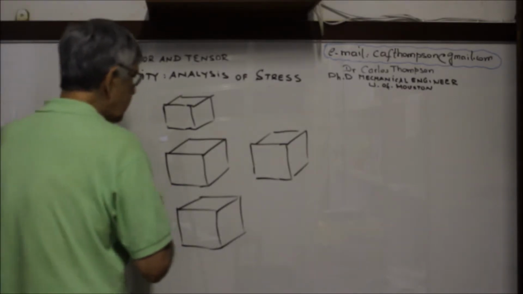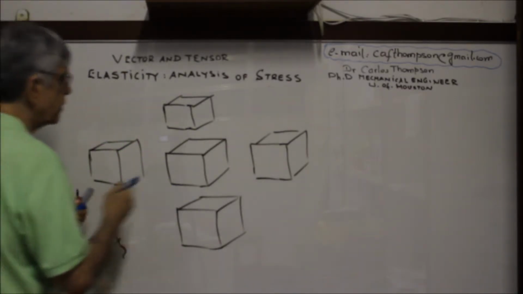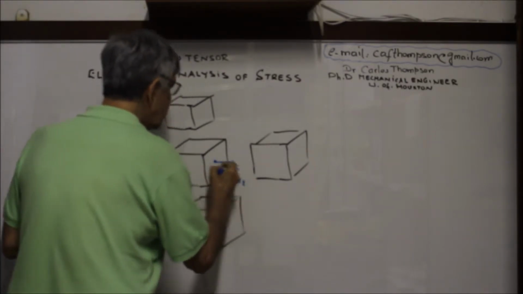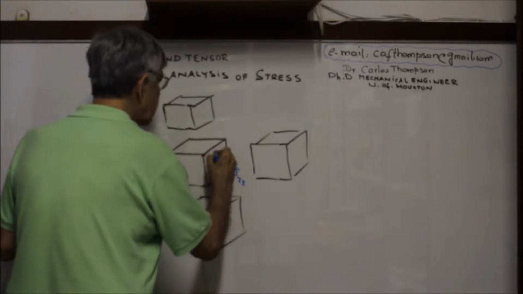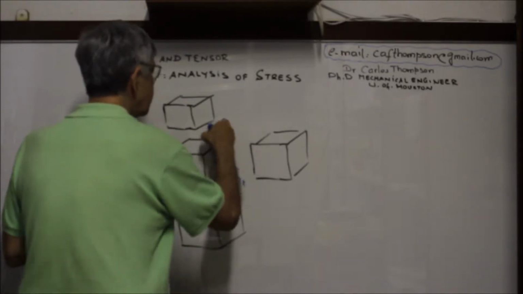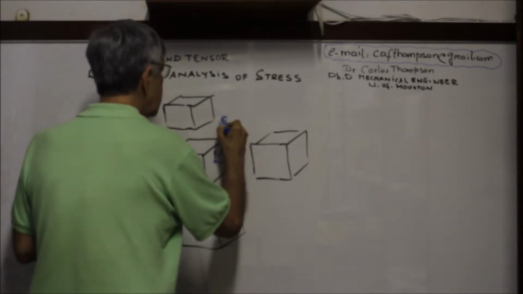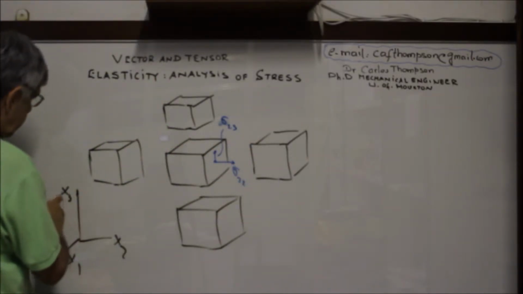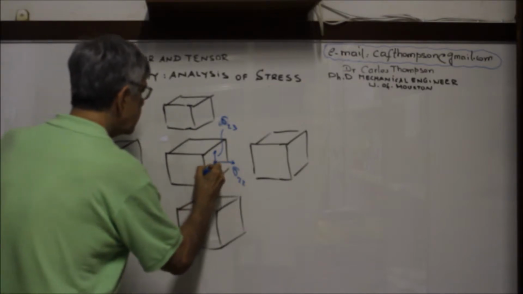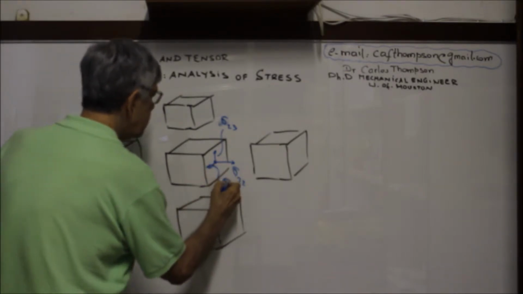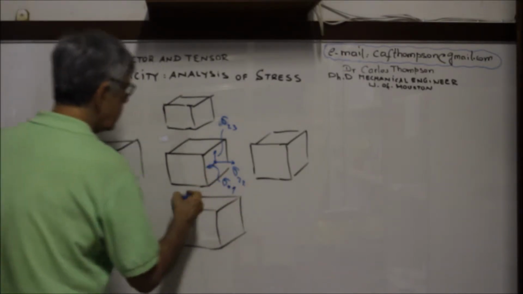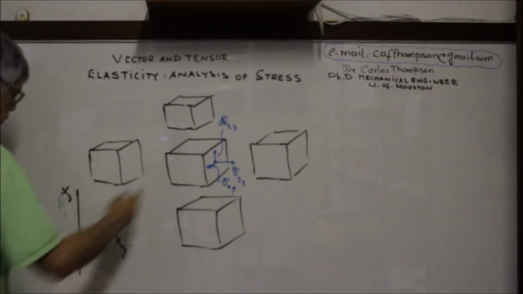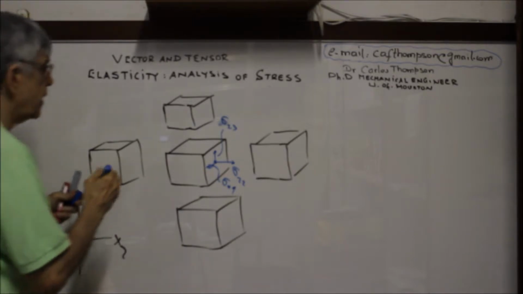Now, for instance, this x2 direction, here we have sigma 2,3, because it's parallel to 3 over here, okay? And this will be sigma 2,1, because this vector over here is parallel to x1.